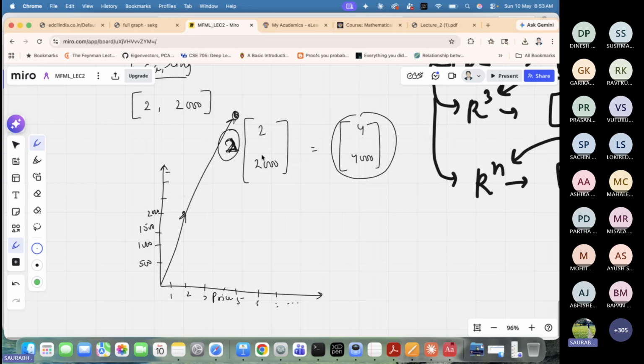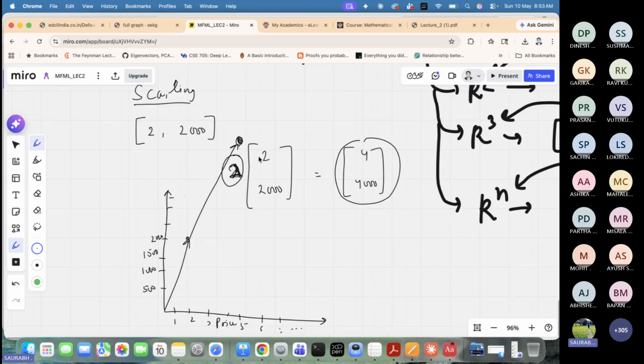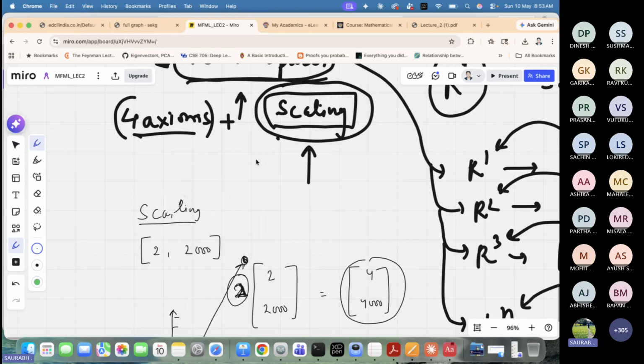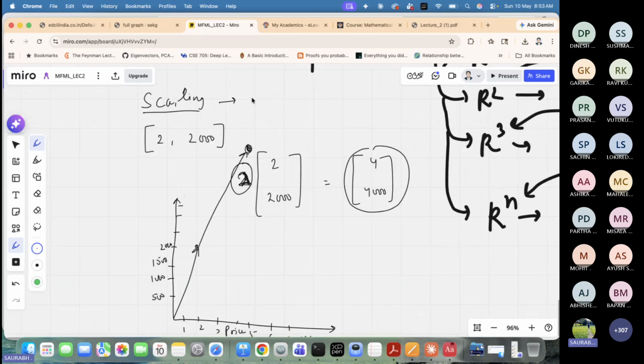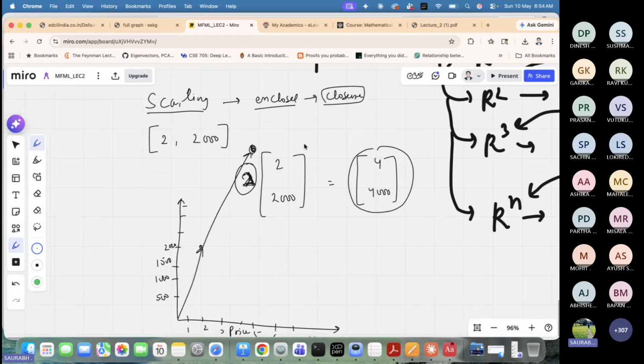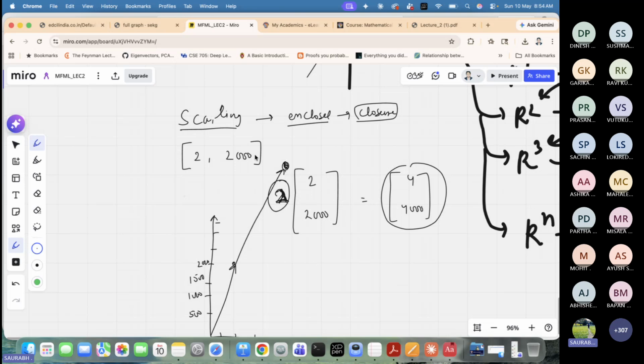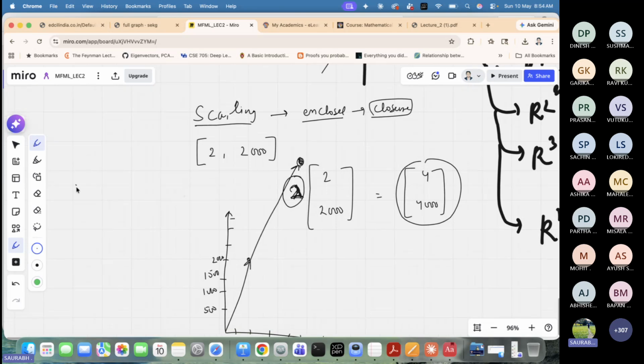So vector spaces have a new thing added other than the 4 axioms. It says scaling, but scaling also has to be enclosed. What do we mean by enclosed? You remember there was a closure property. Closure property was saying that whatever you do with a set of vectors, let's say we have a set of two-dimensional vectors: 2, 4, 5, 6, 8, 10.